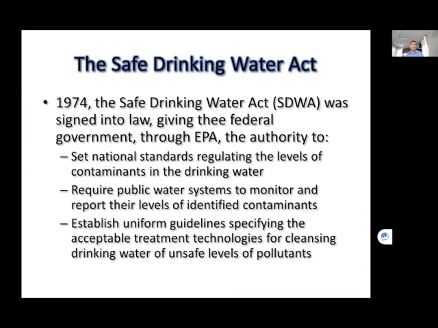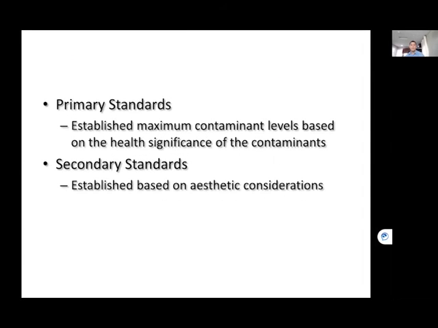It was signed into law, giving the federal government authority, through the EPA, to set national drinking water standards, regulating the levels of contaminants in the drinking water, require public water systems to monitor and report their levels of identified contaminants, and establish uniform guidelines specifying the acceptable treatment technologies for cleansing drinking water of unsafe levels of pollutants.